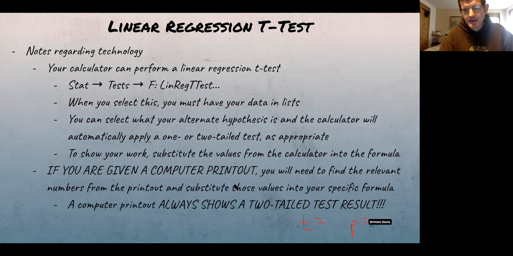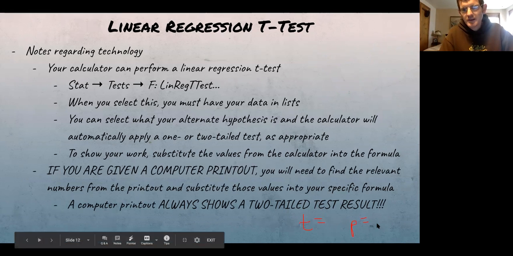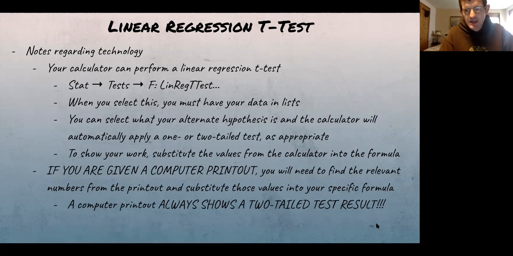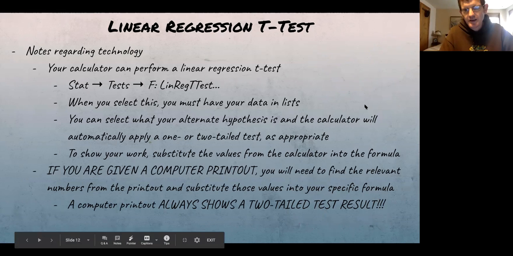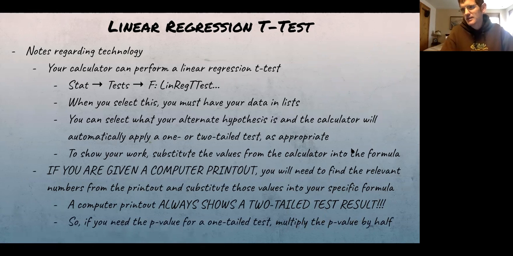And we'll look at that later. But those are results from a two-tailed test, all right? So if it's going to be a one-tailed test that you're going for, then you just, I say multiply the p-value by half. I could have said divide it by 2. You get the idea. Take half of the p-value when you see the computer printout, if it's a one-tailed test.